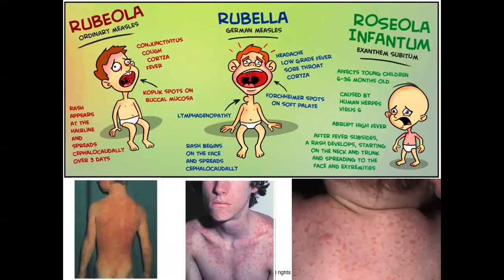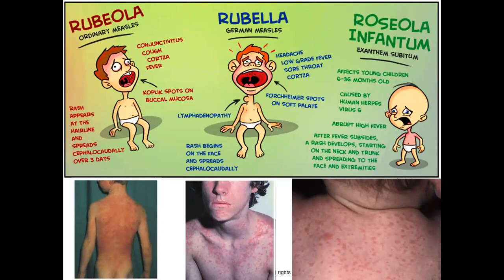So here we see the compare and contrast between 3 diseases. Rubeola is also called measles, rubella is called German measles, and roseola. So with rubeola, the patient usually presents with conjunctivitis, cough, and coryza, the 3 Cs.